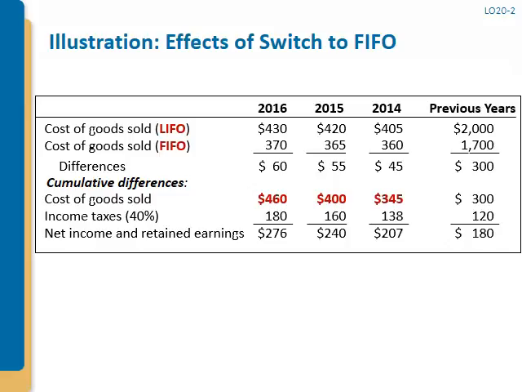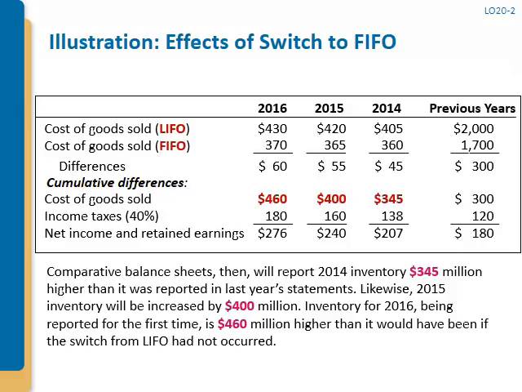Since the cost of goods available for sale each period is the sum of the cost of goods sold and the cost of goods unsold inventory, a difference in cost of goods sold resulting from having used LIFO rather than FIFO means there is also an opposite difference in inventory. Because cost of goods sold by the FIFO method is less than LIFO, inventory by FIFO is greater than by LIFO. The amounts and the differences also contain the cumulative differences over the years calculated in the illustration.